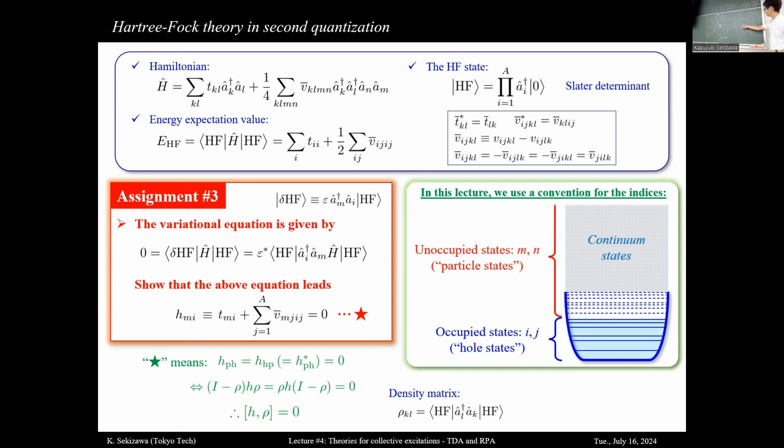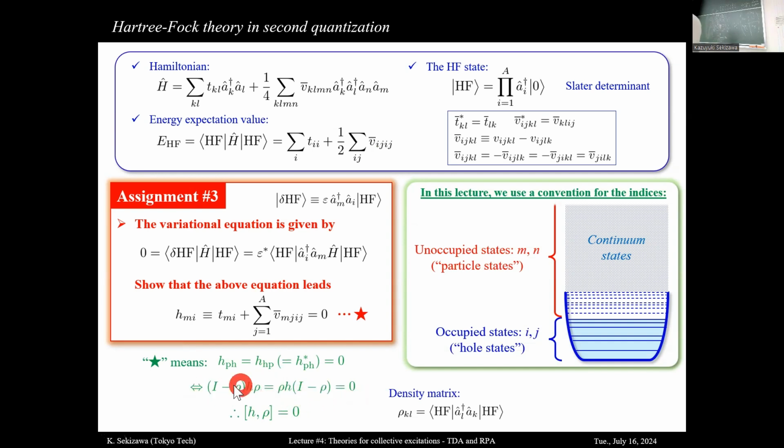But anyway, because of this result of variation, the Hamiltonian matrix has 0 for particle-hole and hole-particle. These blocks are 0. And using these properties, you can show that this is true.